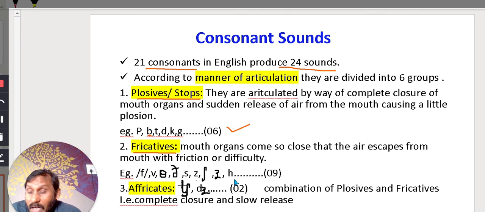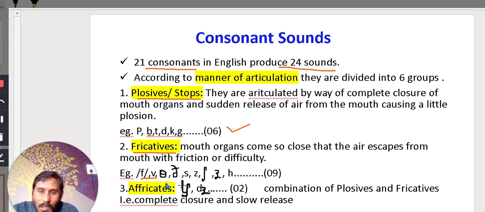So we have 9 important consonant sounds in this category of fricatives. The first 2 are produced at a particular region. Fa, va, fa, va. They are not touching actually, but air is escaping. If you keep your finger or palm there, you can feel the air.